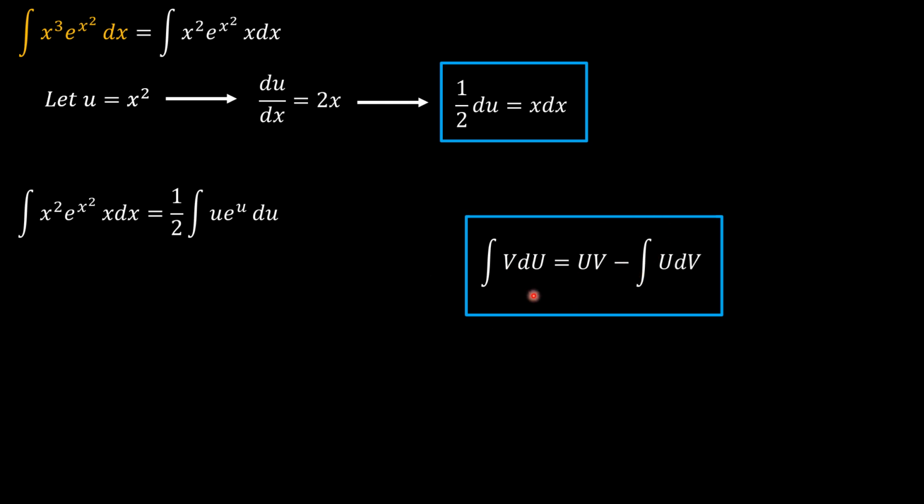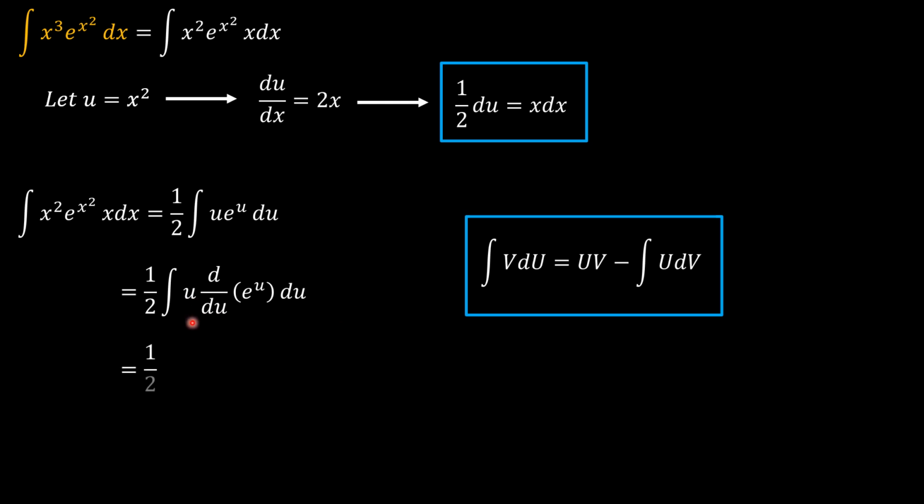In integration by parts, we see that if we have a product of a function v and the derivative of a function U, then when you integrate that, you have the product of Uv minus the integral of the function U and the derivative of v. So we can express the derivative of U as e to the power u, and v becomes u.